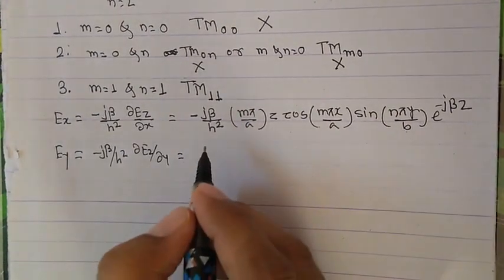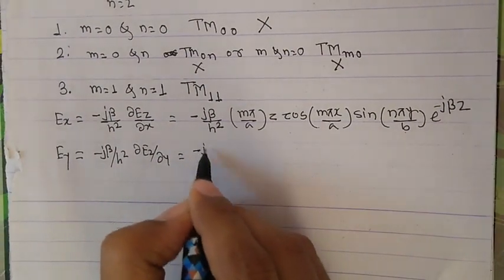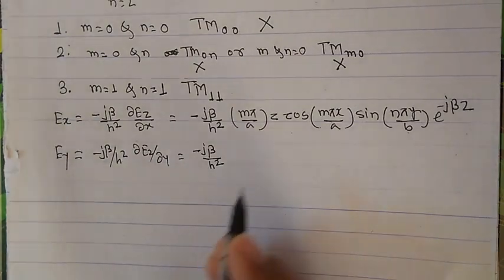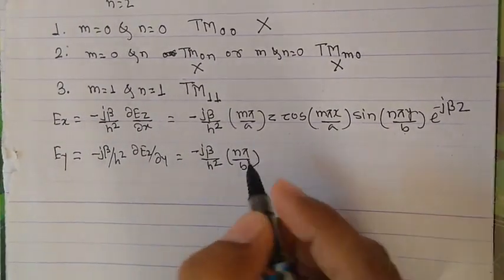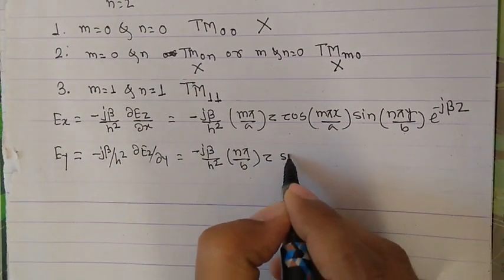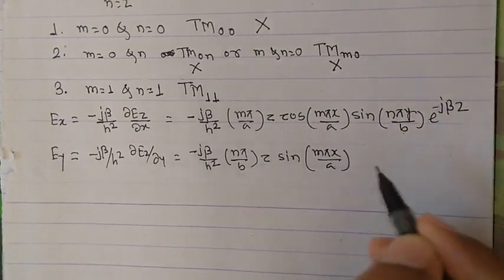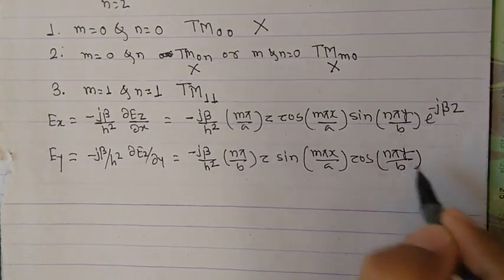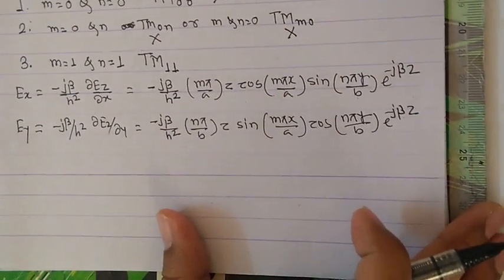So that is minus j beta upon h square, n pi by b, C sine m pi x by a, cos n pi y by b, e raised to minus j beta z.